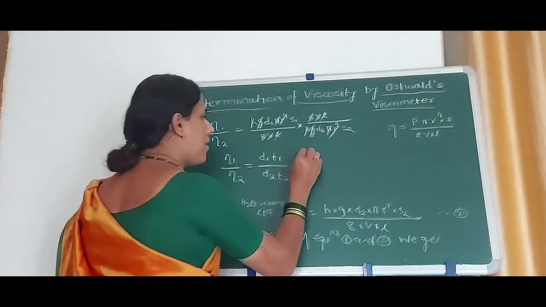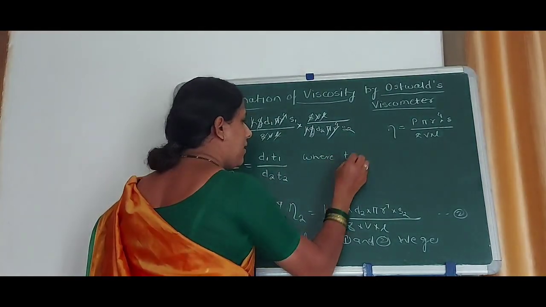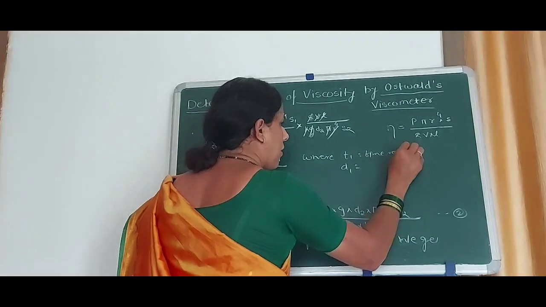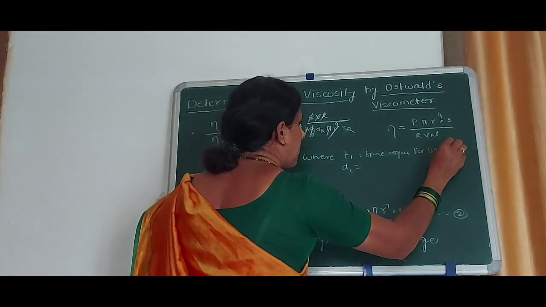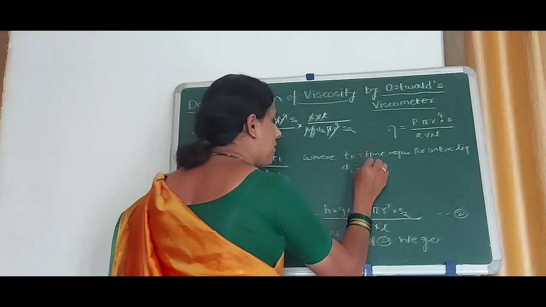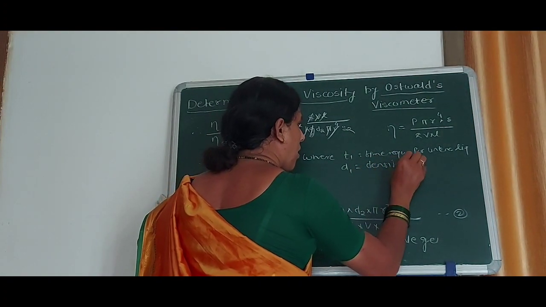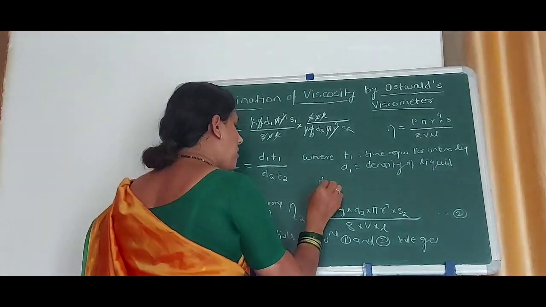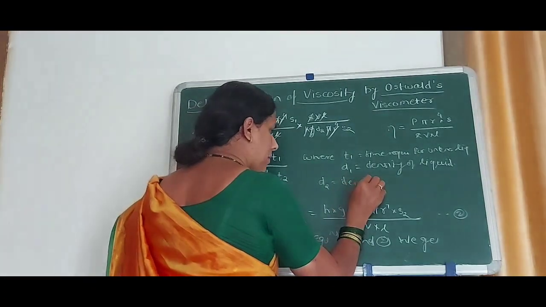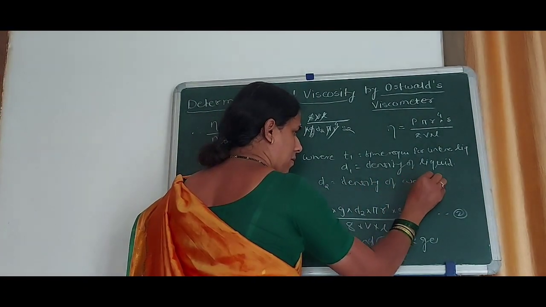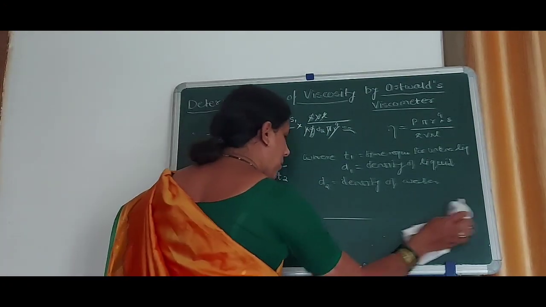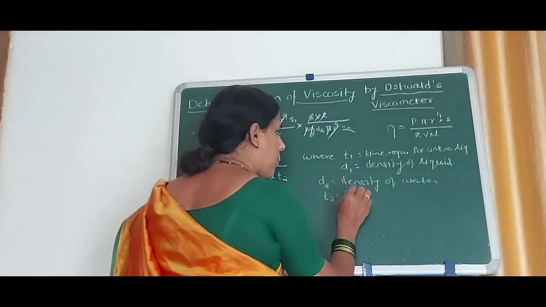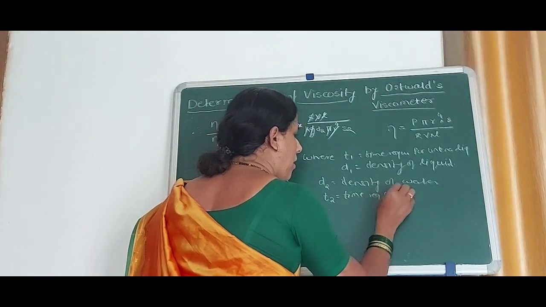Here t1 and d1 are the time required and the density for the unknown liquid, and d2 is the density of water, and t2 is the time required for water.